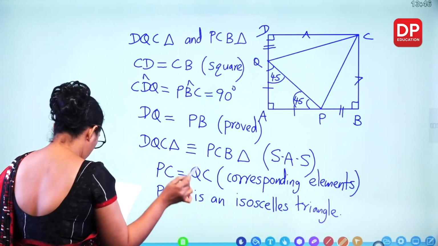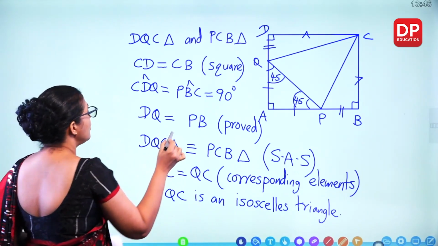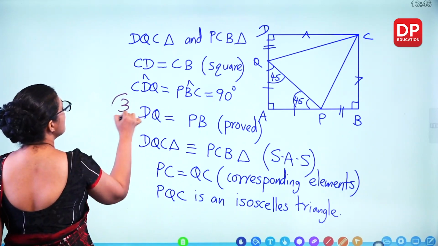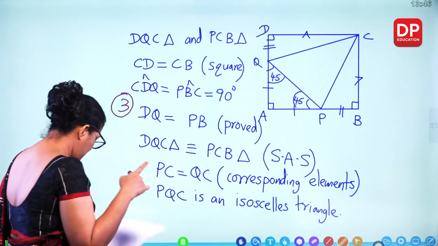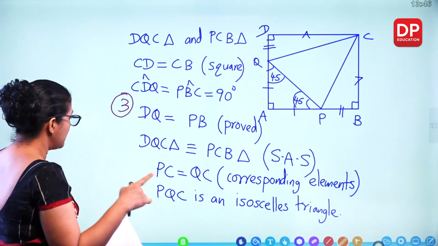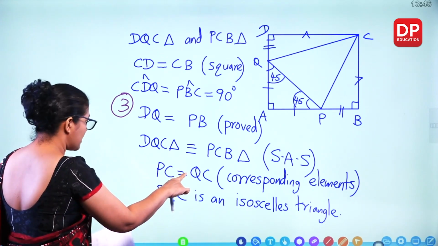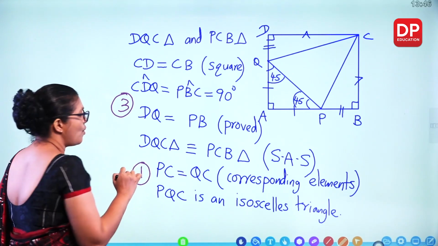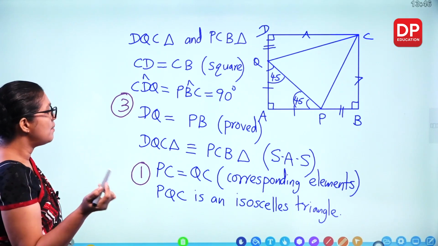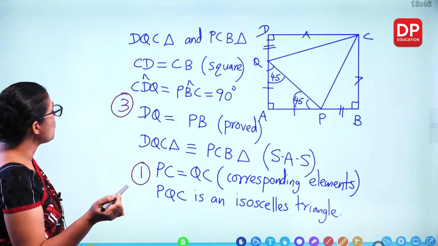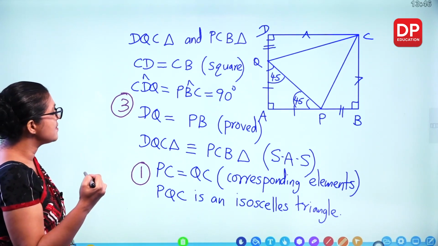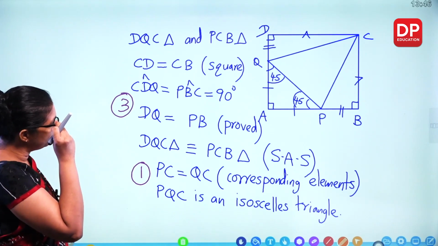So we'll see how many marks for that part. Showing that 2 triangles are congruent, you get 3 marks because of SAS. And then PC equals CQ, lengths are equal because of corresponding elements, 1 mark. Then you can say this is an isosceles triangle.